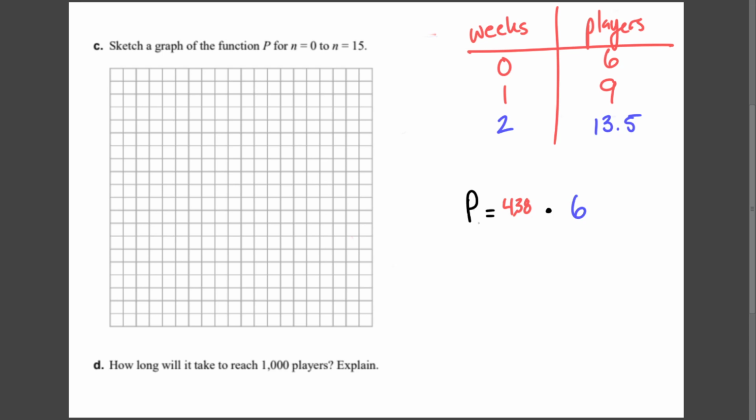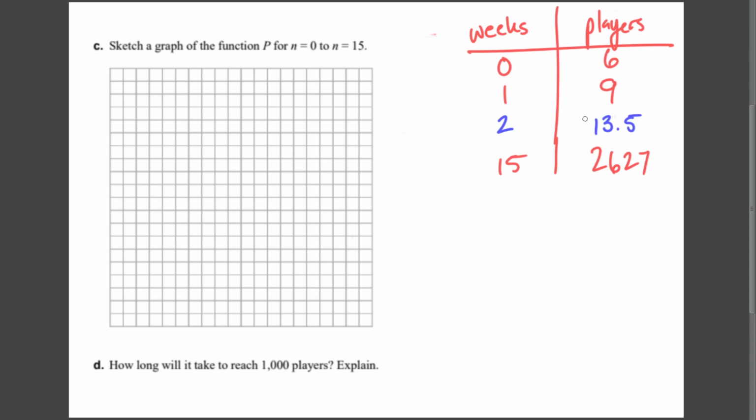So 438 multiplied by 6, once again rounding this off. These two numbers being multiplied gives me roughly 2627. Cool? So when this is 15, we just plugged in 15, we know that we have roughly 2627.